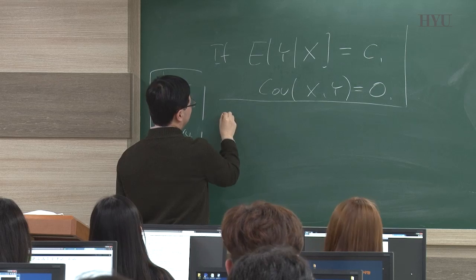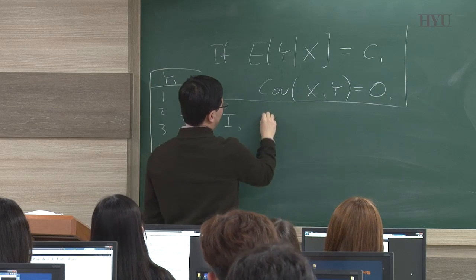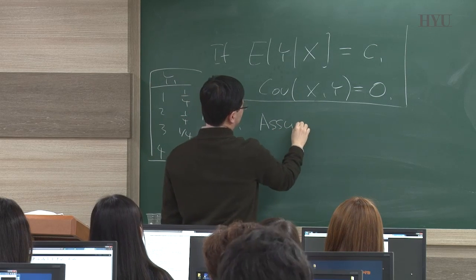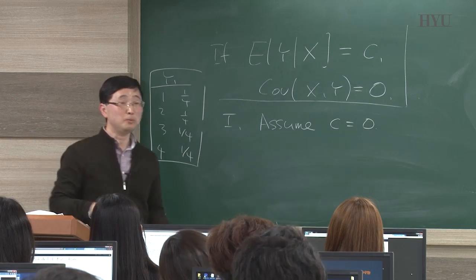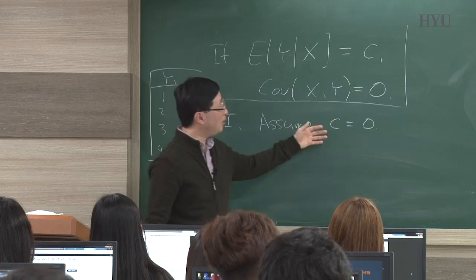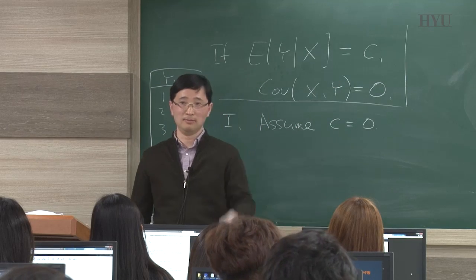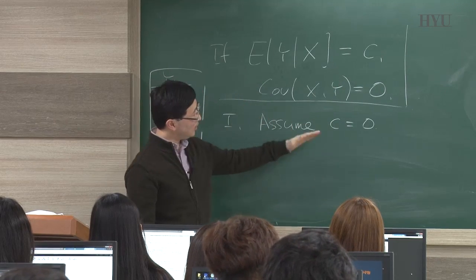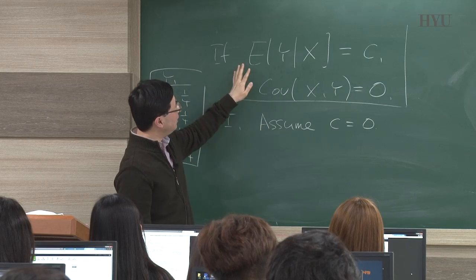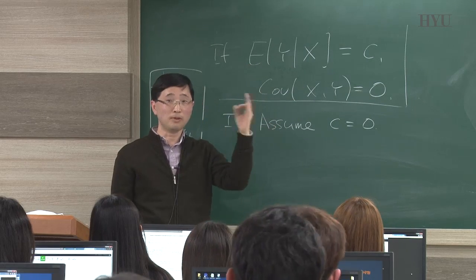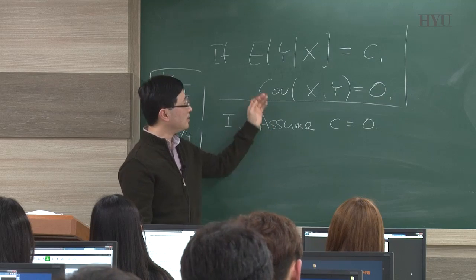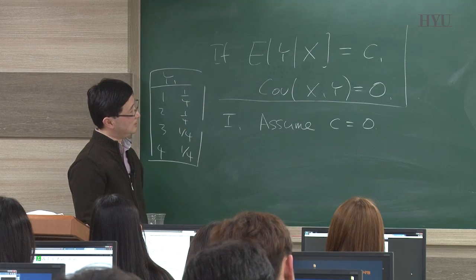So for my first method, I'm going to assume that c is equal to 0. Okay, just to make it easy. One example of such a constant is nothing. So if this is the case, the statement says, if the conditional mean of y given x is 0, a constant, then x and y must be uncorrelated.